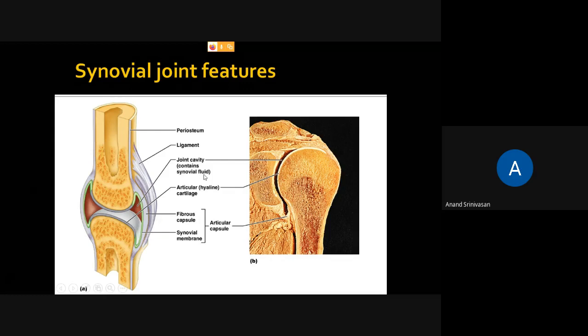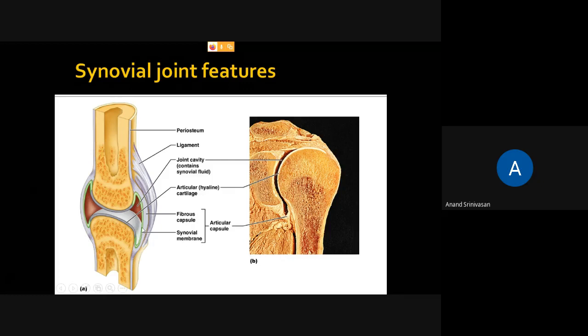Now, where does this synovial fluid come from? It comes from the lining of the joint cavity, the green colored structure. You can see the green colored structure, the lining of the joint cavity, and it is called the synovial membrane.